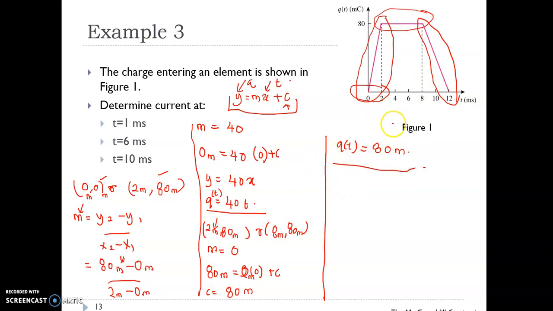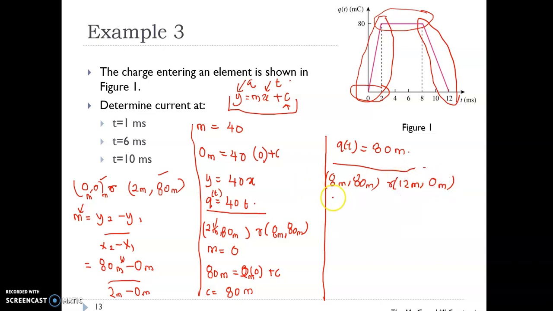And finally, for the case of the last line, you have the points 8m, 80m, and also 12m, 0m.